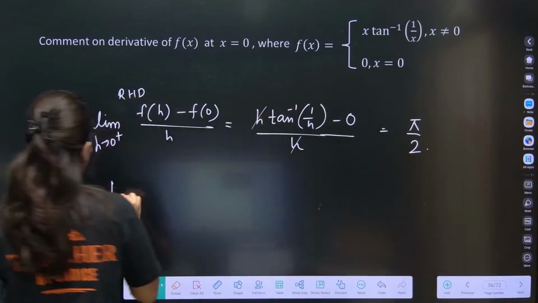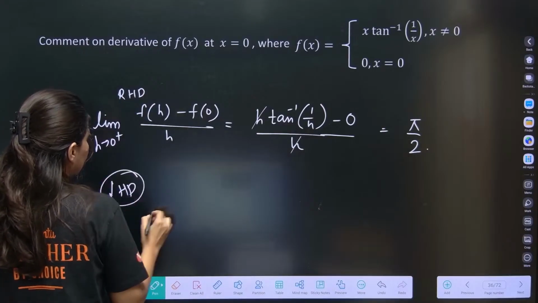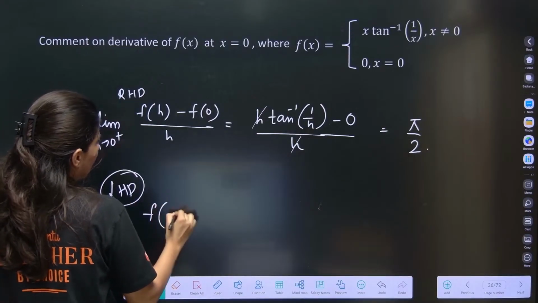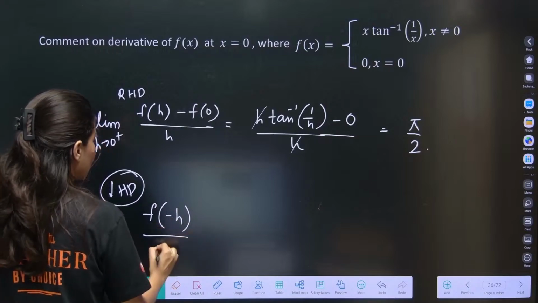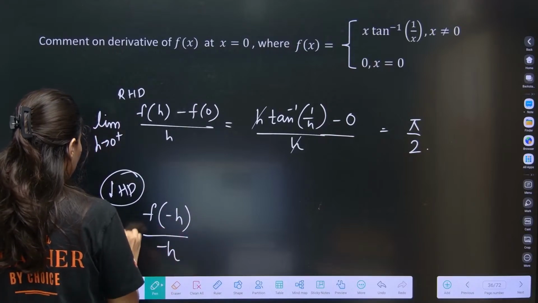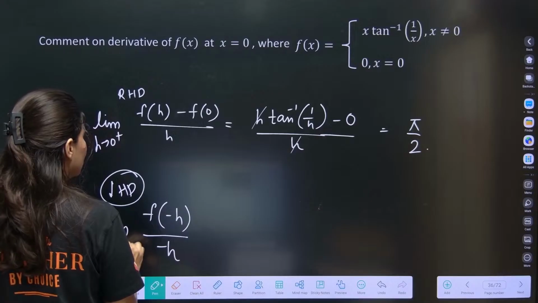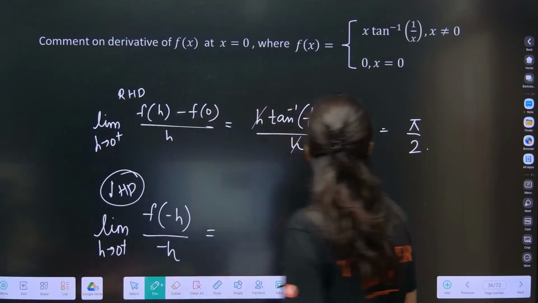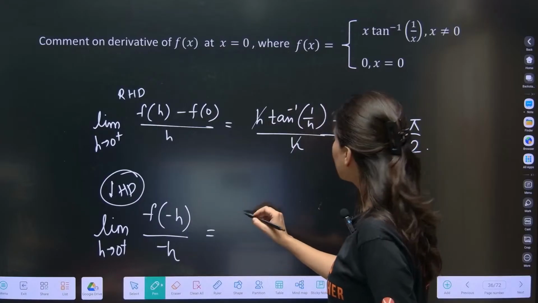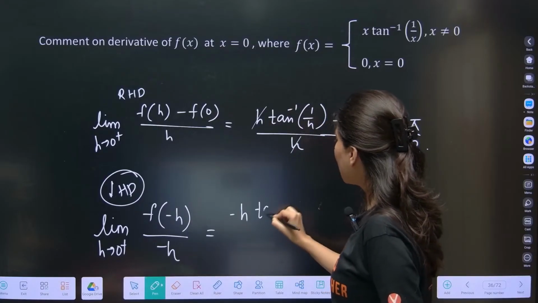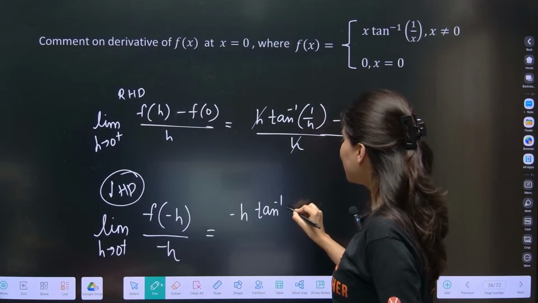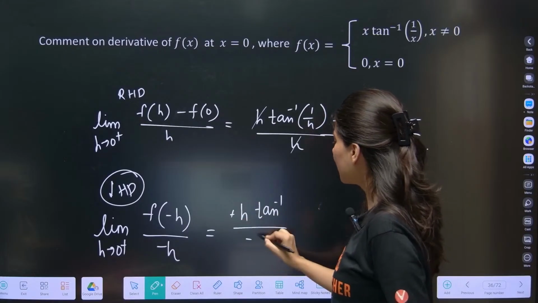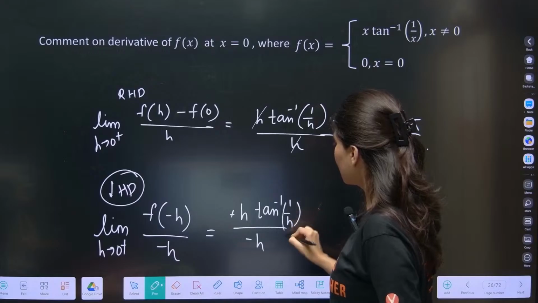Okay. Left hand derivative. f of minus h upon minus h, limit h tends to 0 plus. Because we know that f of 0 is anyway 0, so directly I am doing it. Yes. f of minus h. So it is going to be what? Minus h tan inverse minus 1 by h, so it will be plus upon minus h. h cancels.